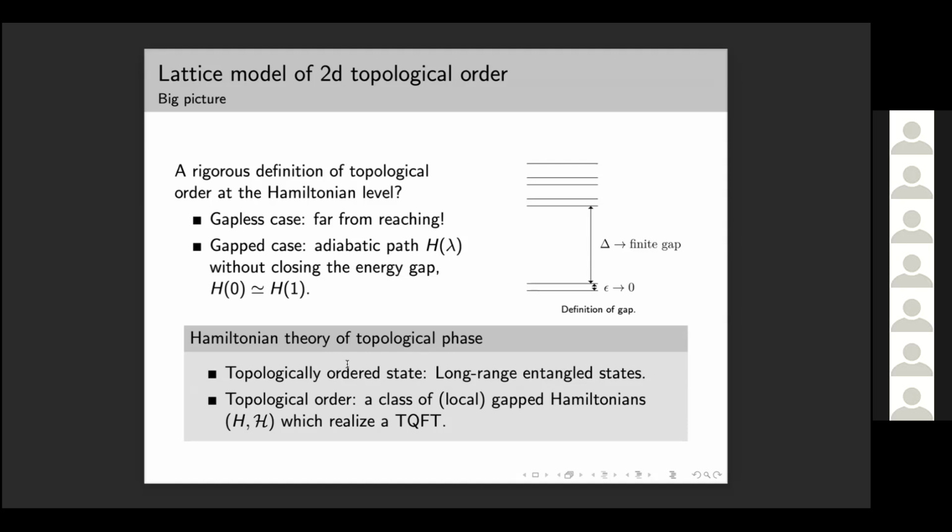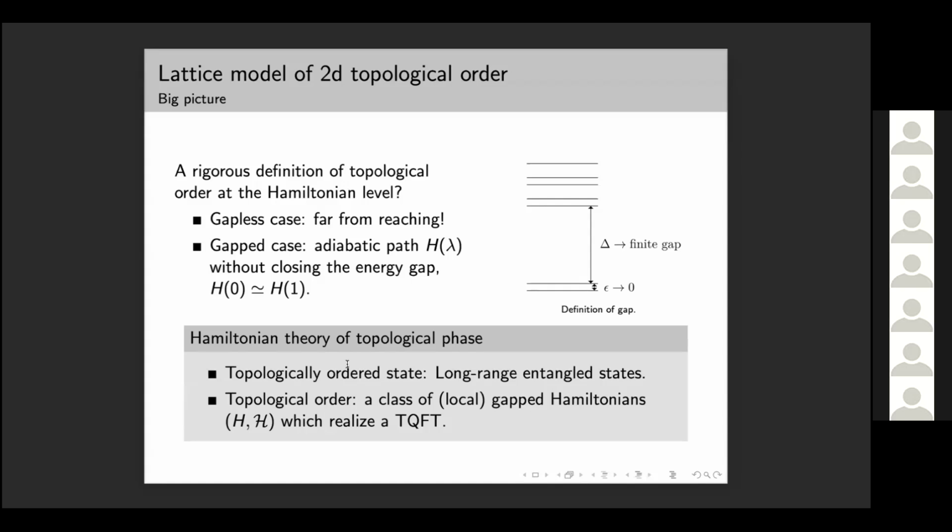Two Hamiltonians, H0 and H1, are called equivalent if we can find a continuous path H lambda connecting H0 and H1 without closing the energy gap, which means that from lambda equals 0 to 1, H lambda always has a gap.